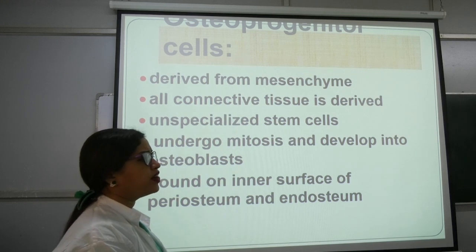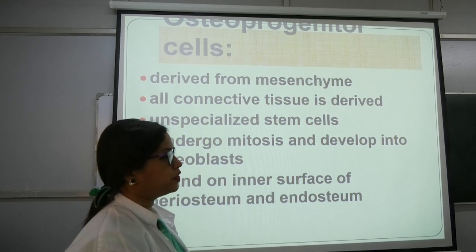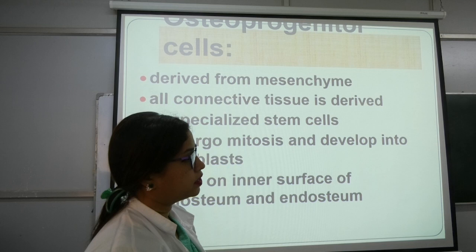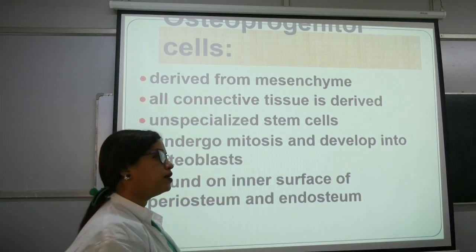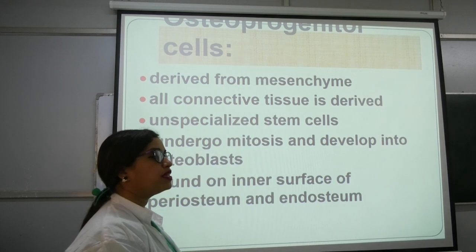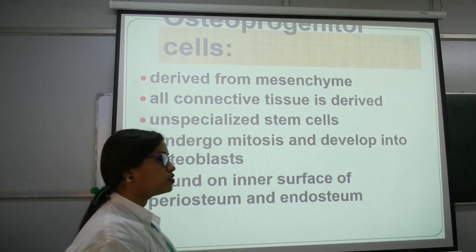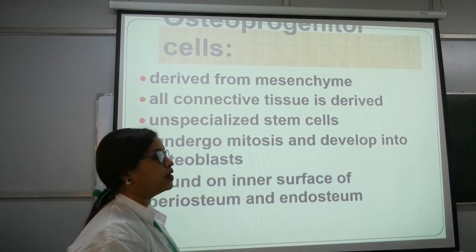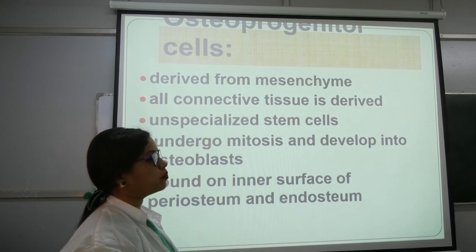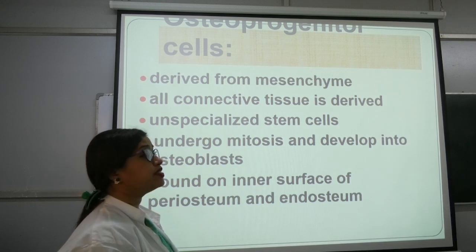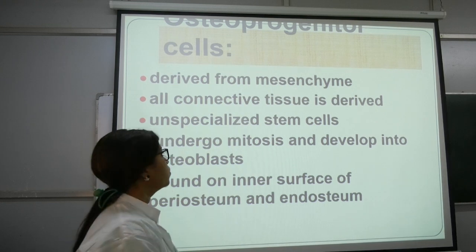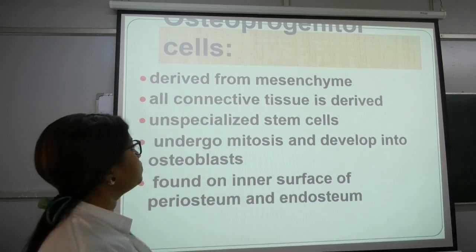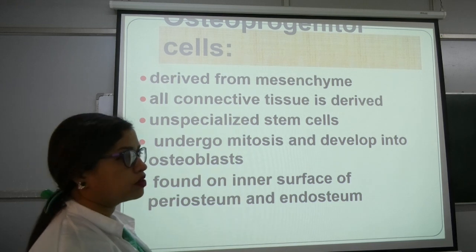These are the derivatives of any type of connective tissue, mainly found in embryonic life. That is the definition of mesenchyme. Blood cells come from mesenchyme; bone mesenchyme, cartilage mesenchyme, everything is derived from mesenchyme. Then all connective tissues are derived.